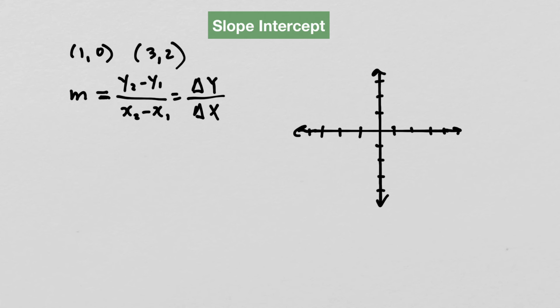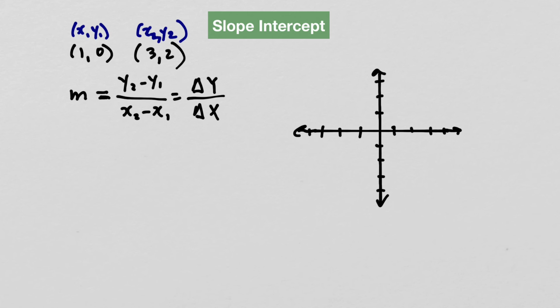This triangle sign represents the word change, or delta. It's a Greek symbol for the letter D, or delta, which represents change. If you are given 2 points, then we know that these are x1, y1, and this is x2, y2.